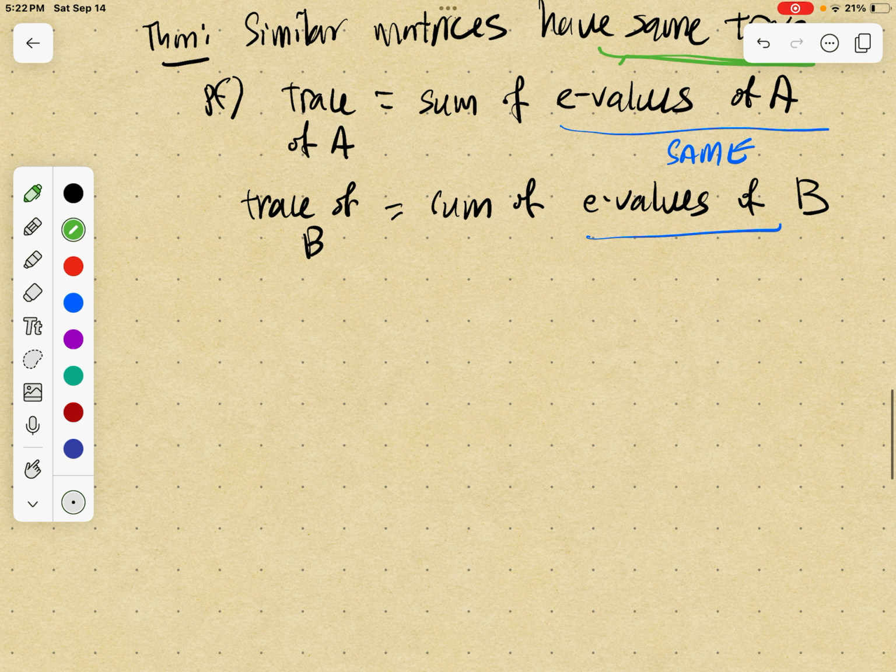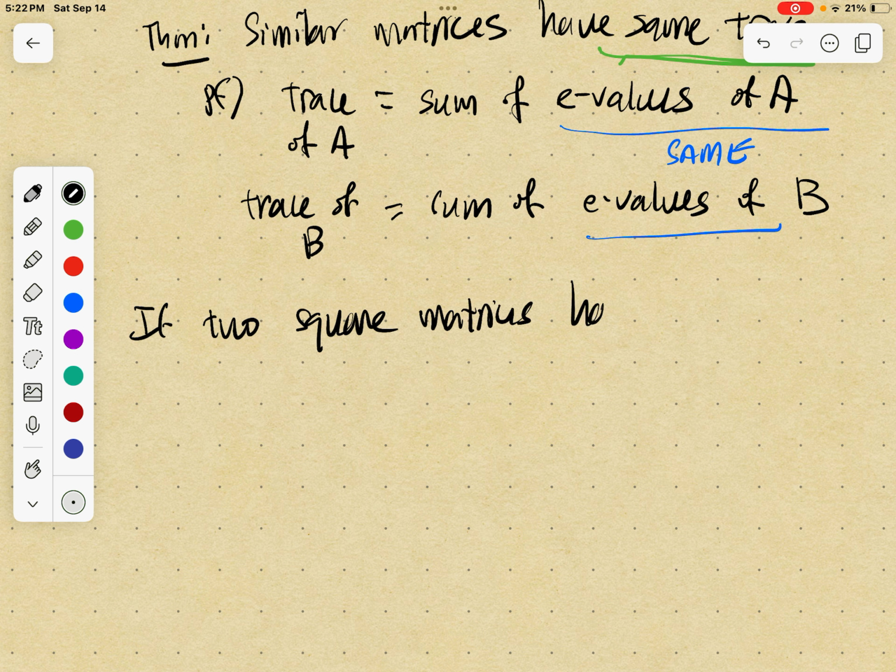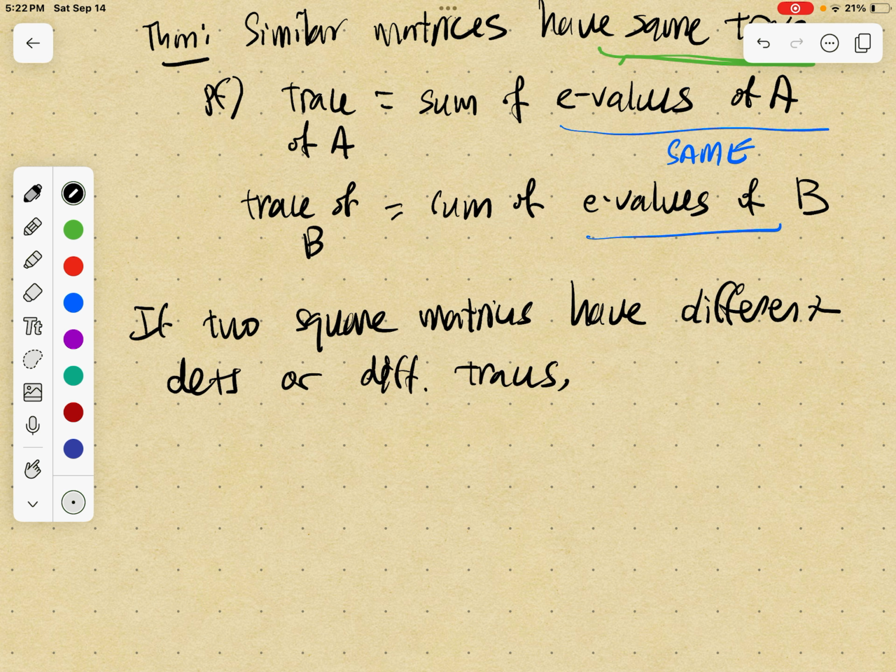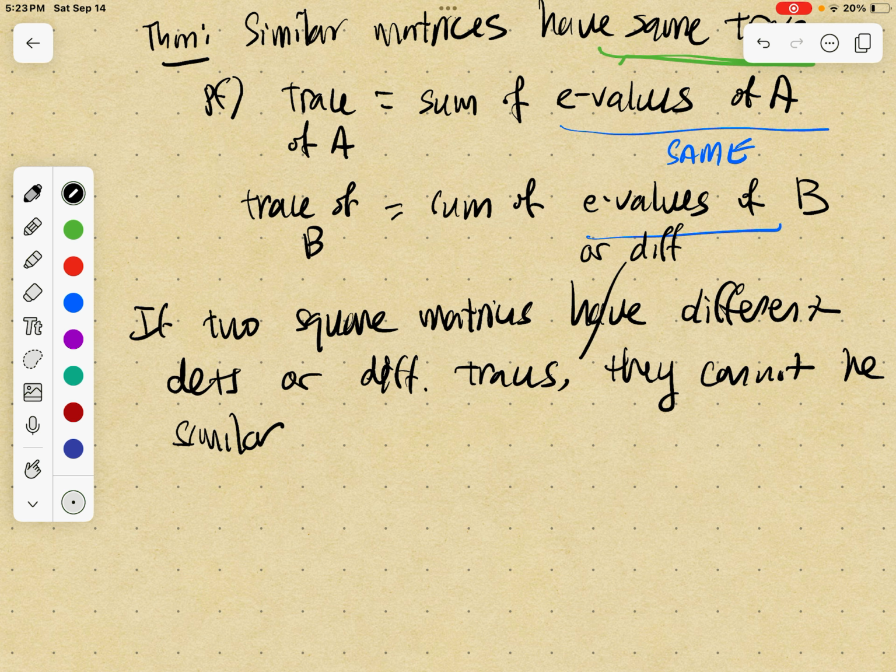So what this implies is, if two square matrices have different determinants or different traces, or different eigenvalues, right, then they cannot be similar.